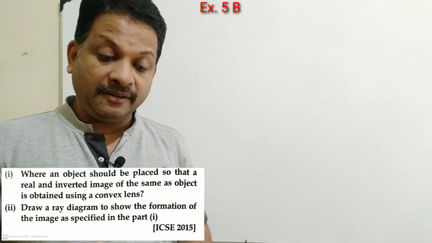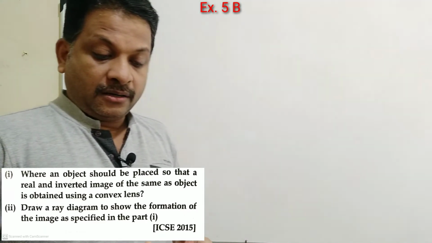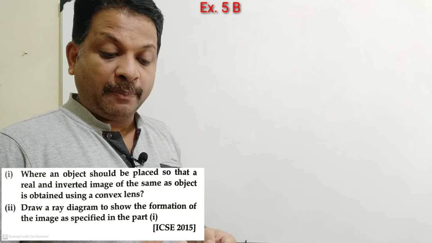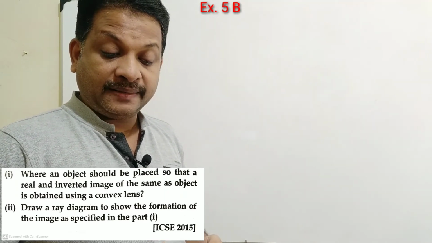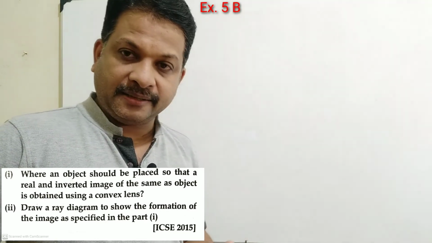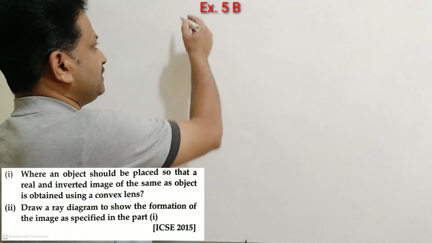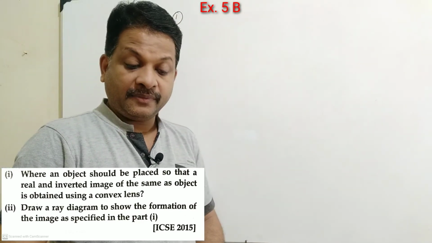Now let's attempt a board question from the year 2015, a ray diagram based question. Question is like this: where should an object be placed so that a real and inverted image of the same size as the object is obtained using a convex lens? So this is a case of a convex lens. What is the clue given there?